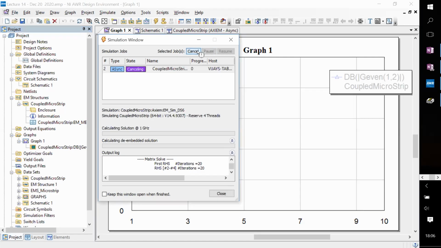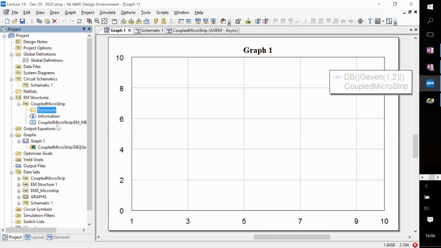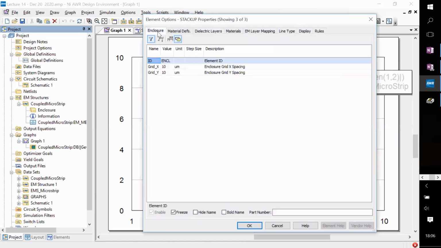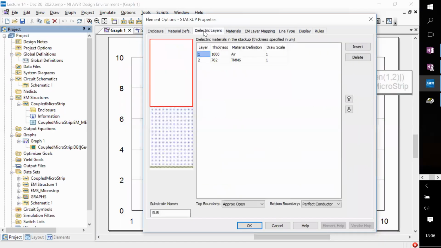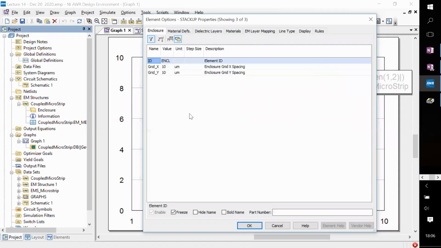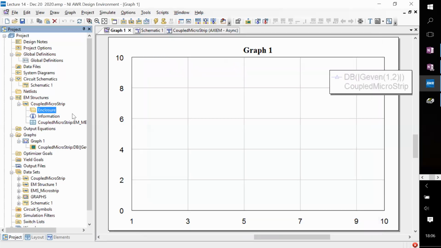I'm just going to cancel this and double check if the resolution was too high. We were using 10 microns before, right? We were using 50 microns. Let's look at the mesh.